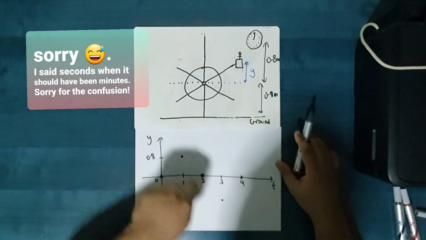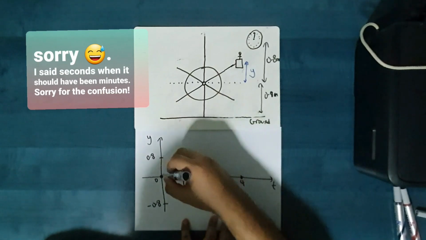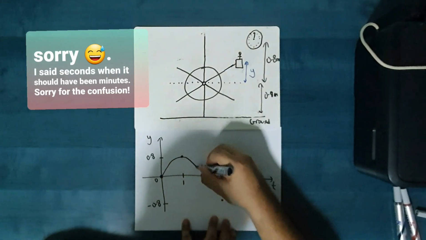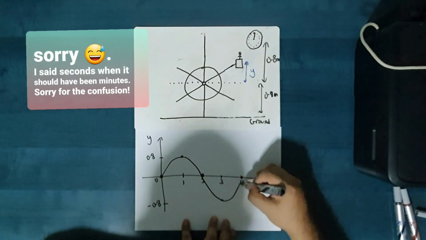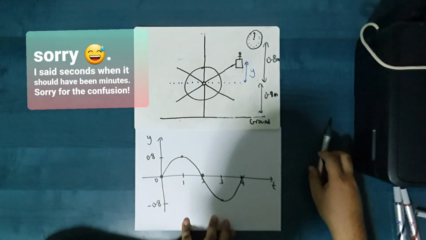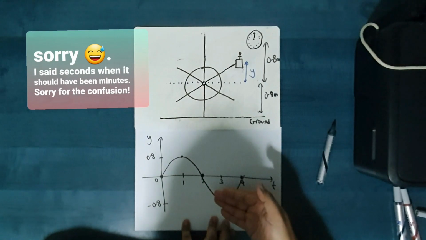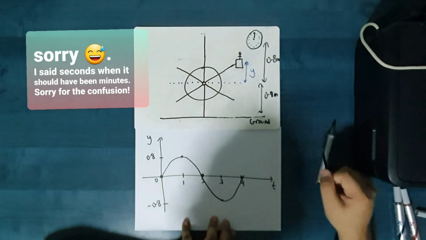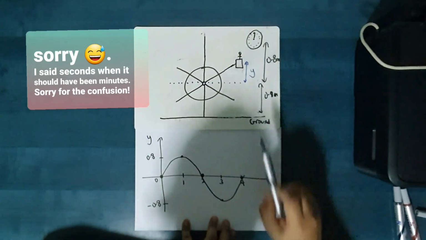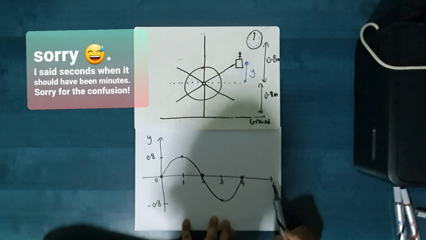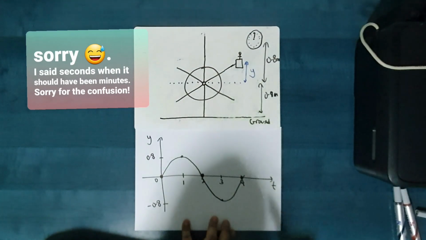Now if I were to join all these points, you will see a sine curve. So this once again represents periodic behavior. And this time we are not using angle for the x values, we are using time.